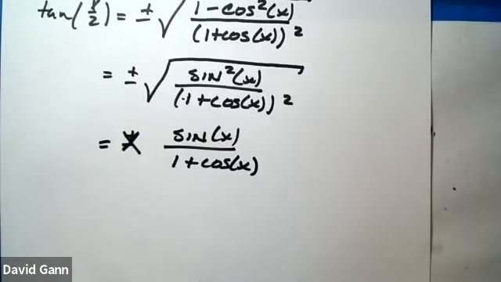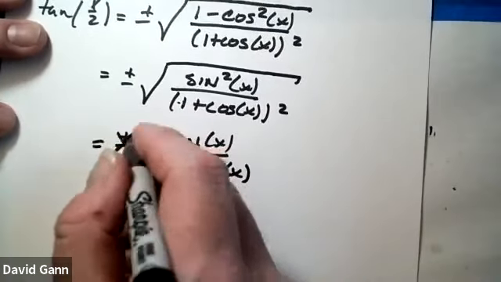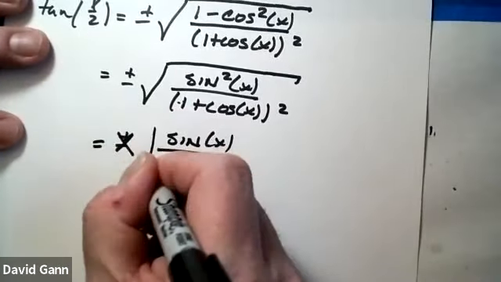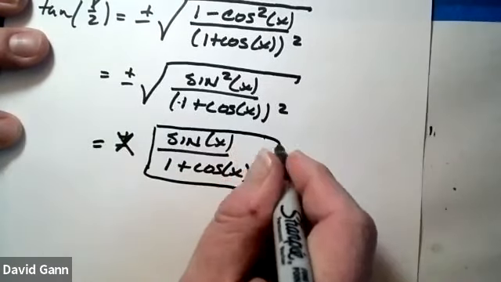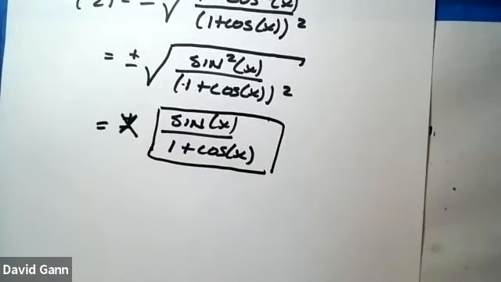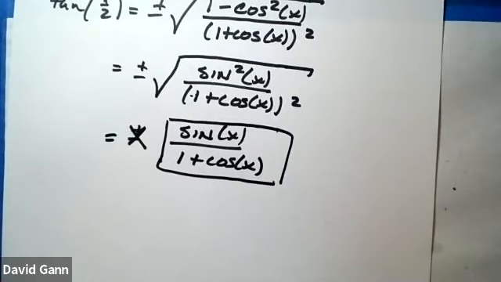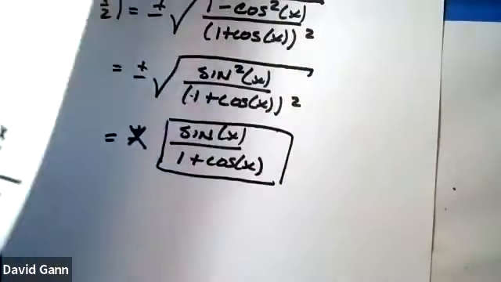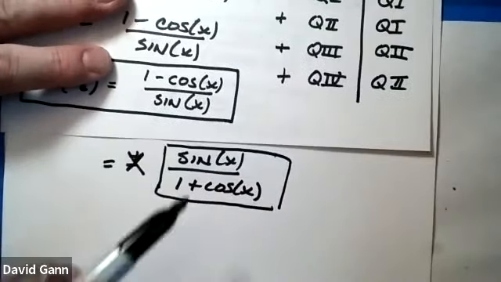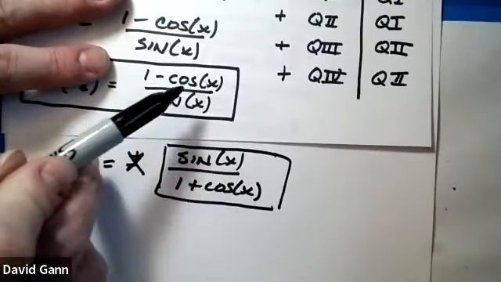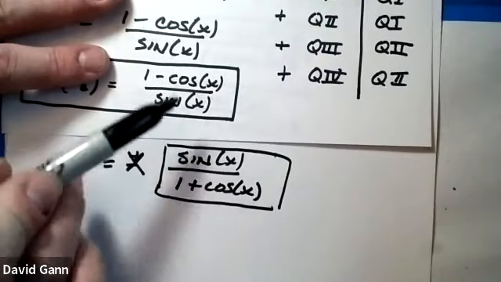Now we could have proved that this was true by just working an identity from the second one. It's actually relatively simple to do, but you might try, without any appeal to tangent of x over 2, proving that this is equal to this using some other technique.